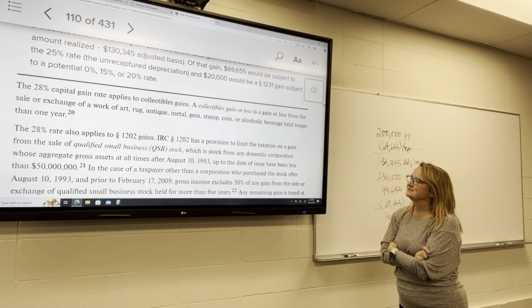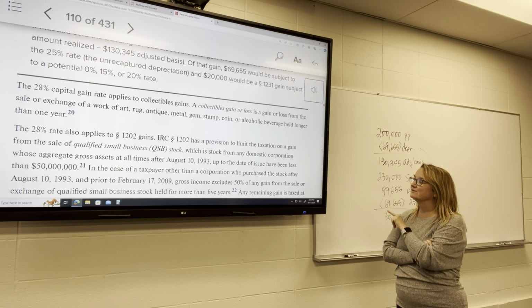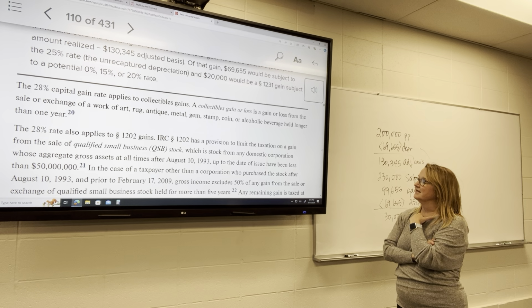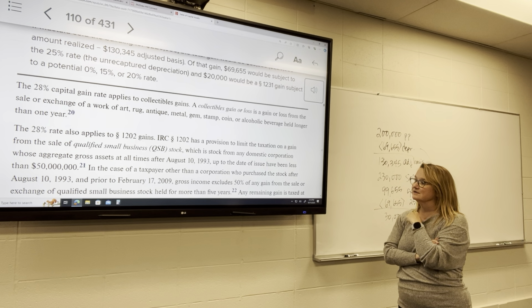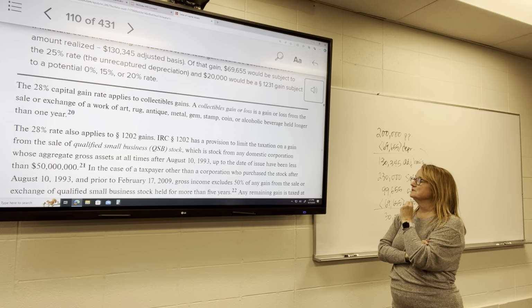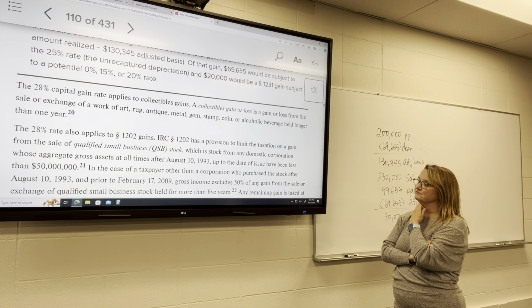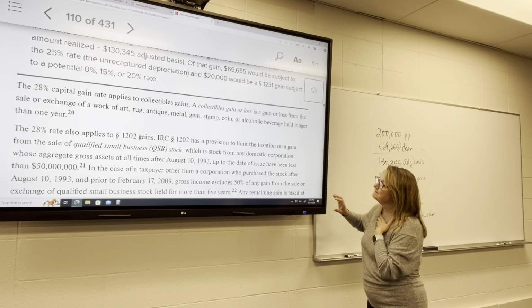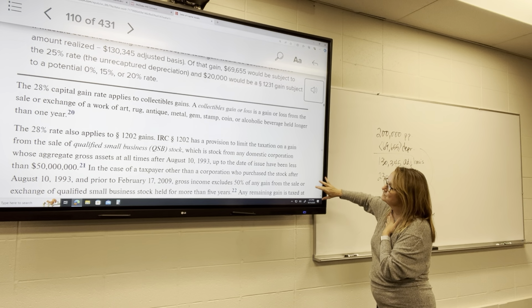The 28% rate also applies to 1202 gains. Those are the gains for qualified small business stock. That's stock from any domestic corporation whose aggregate gross assets up to the date of issue have been less than $50 million. That's a small business, less than $50 million in gross assets.